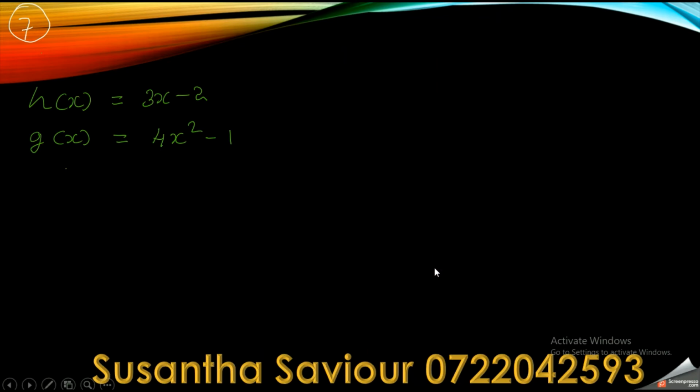We'll take another example. hx is equal to 3x minus 2, gx is equal to 4x squared minus 1. What are we looking for? hgx, right?